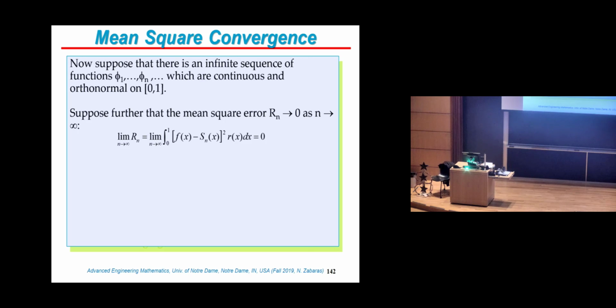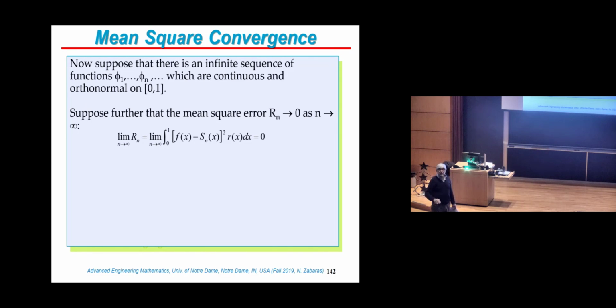And you may say, these functions that are square integrable, do they have to be continuous? No, because they can have jumps, and the integral of the jump squared, unless it's a delta function, is finite.